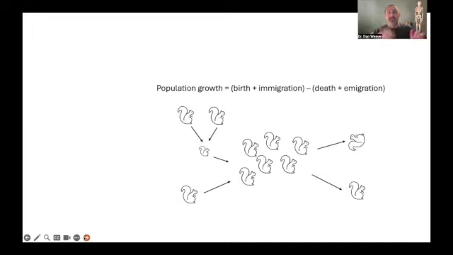So the squirrels that get run over on the road, or they die of old age, or that leave because of competition or other reasons, they might leave. That's going to decrease the population. So we can make a calculation of how much that population is growing or shrinking from year to year based on the number of births and immigrants subtracted from the number of deaths and emigrants.